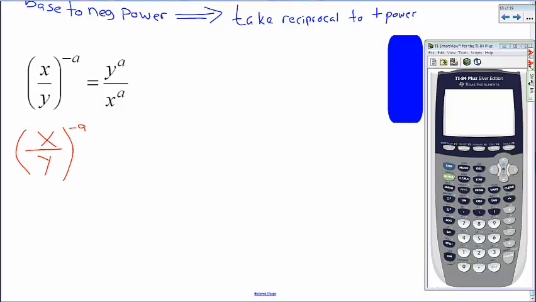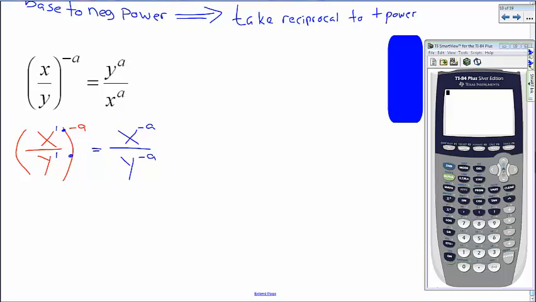I can see this through the power rule by rewriting x over y to the negative a, distributing this negative a to both the numerator and the denominator, and coming out with x to the negative a over y to the negative a.